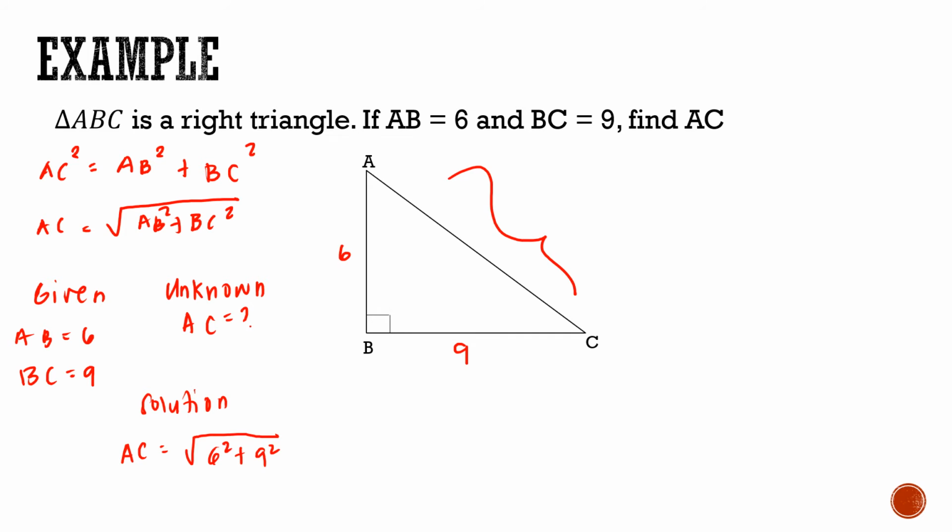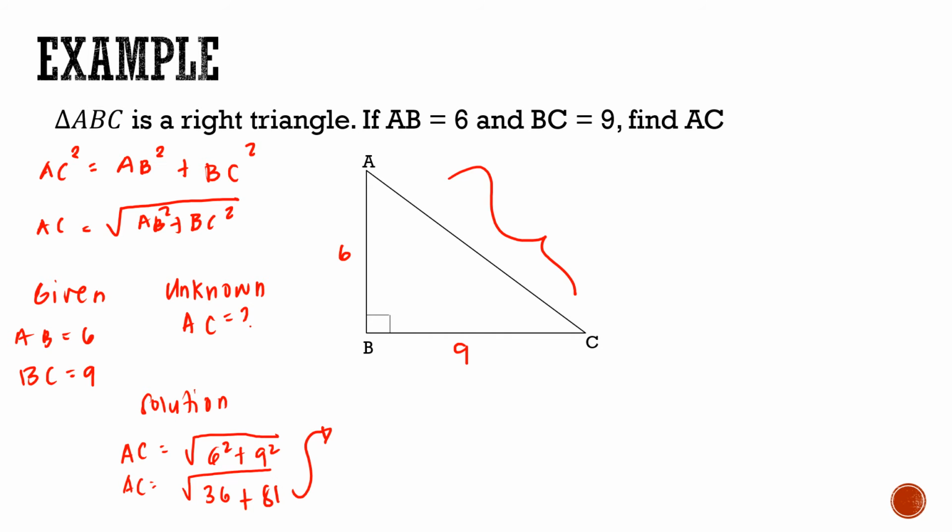Now, let's first simplify all the numbers inside the radical symbol. So AC is equal to the square root of 36, because 6 squared is 36, plus 9 squared, which is 9 times 9. So 9 times 9 is 81.